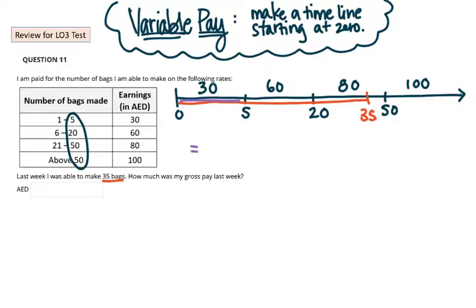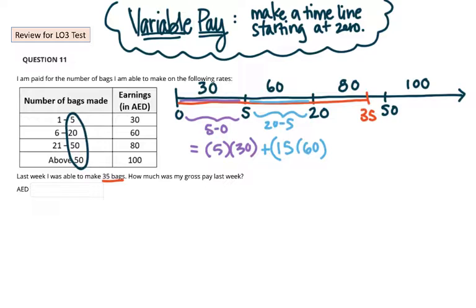So we're going to say, in this section, the endpoint's 5 minus 0. There were 5 items, and we made 30 dirhams each. In the next section, we subtract the endpoints. Oops. We subtract 20 minus 5. That becomes 15 bags. Then we made 60 dirhams each.